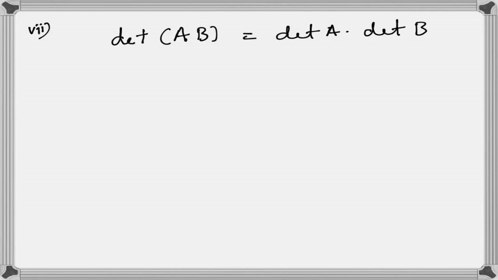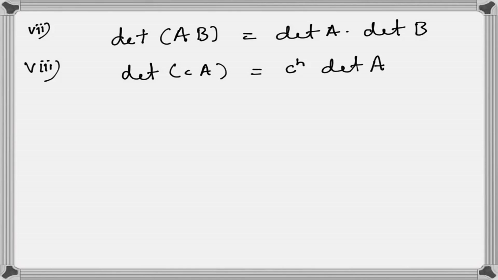One more important property: what is the determinant of C times a matrix A, where C is a scalar? This is nothing but C to the power n times the determinant of A, given A is an n cross n matrix. So these are some important properties of determinant. If some more properties are used, then I'll explain when I solve those problems.